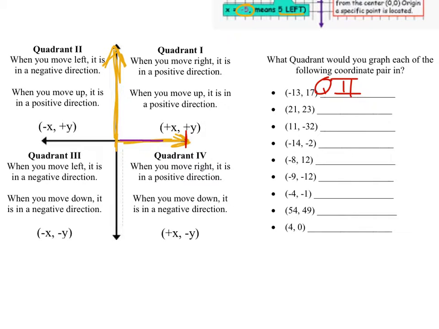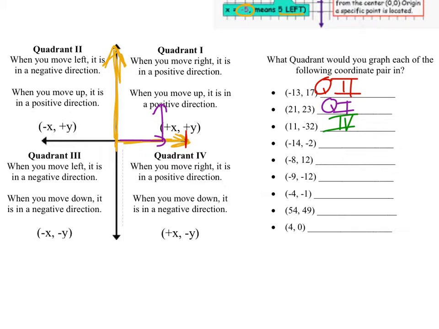All right, what about the next one? Well, that's a positive 21, so that'd be to the right, and then upwards to 23. Bam, quadrant 1. And then the next one, 11, negative 32. Which one is that? Quadrant 4. Very good. What about negative 14, negative 2?